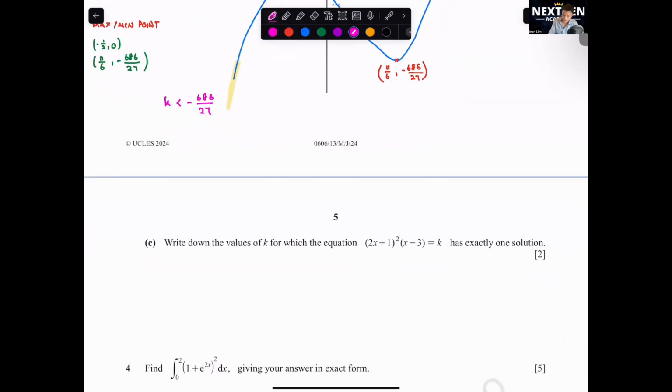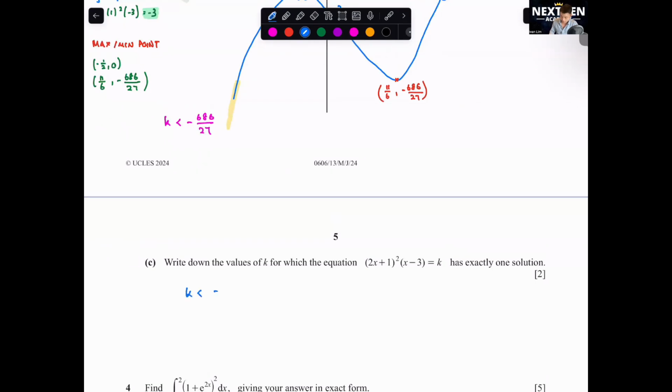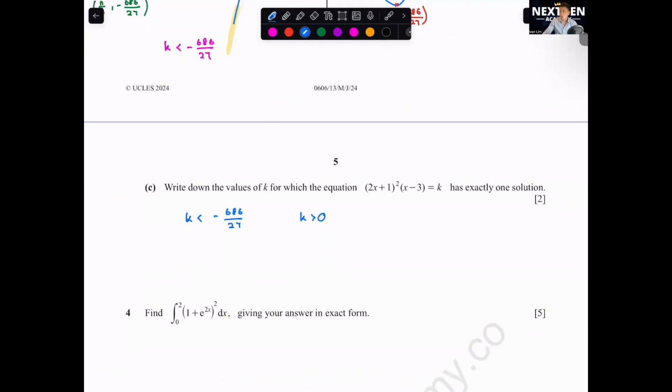Yeah, they want you to find the k value. So here is k, okay, k less than -686/27 and k more than 0. All right, number 3. All good? Type 3.